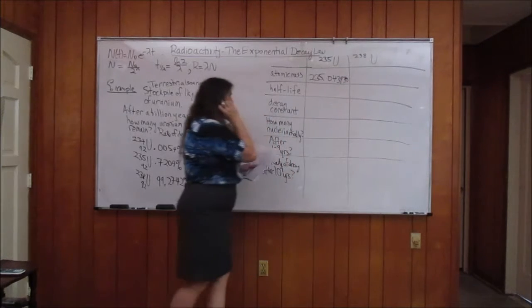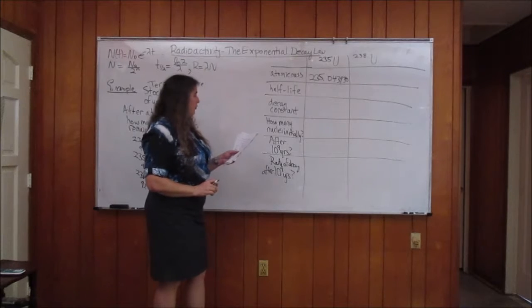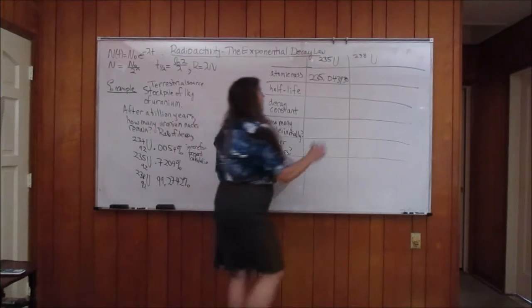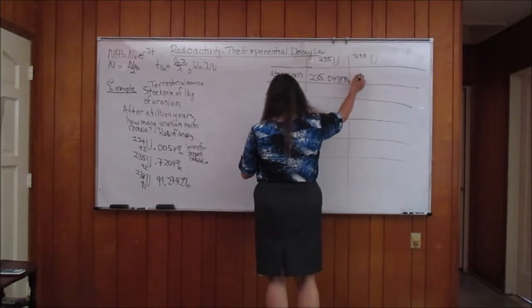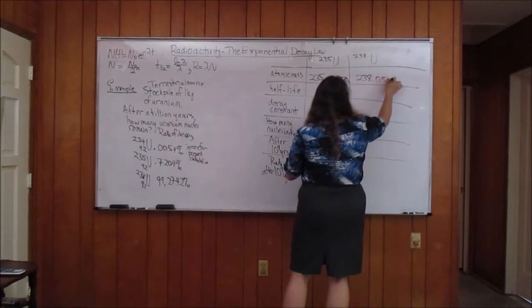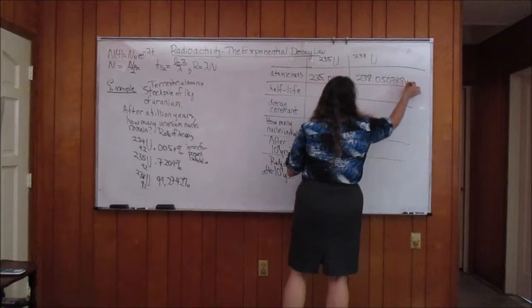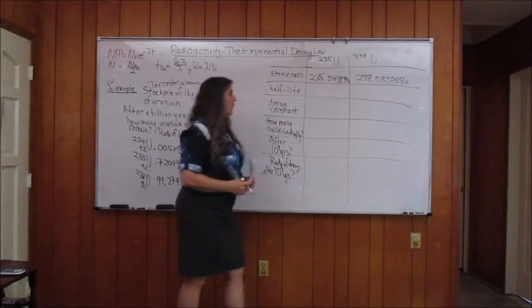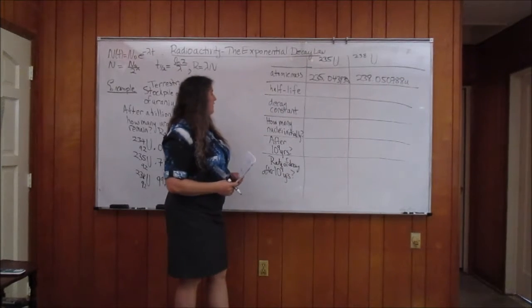Okay, so our atomic mass for U-235 is equal to 235.043930 atomic mass units, and for U-238, 238.050788 atomic mass units.